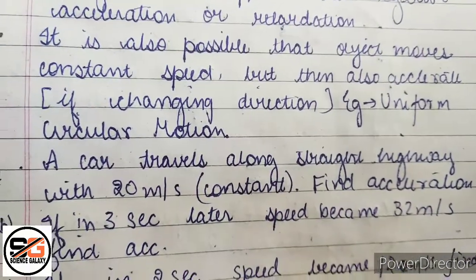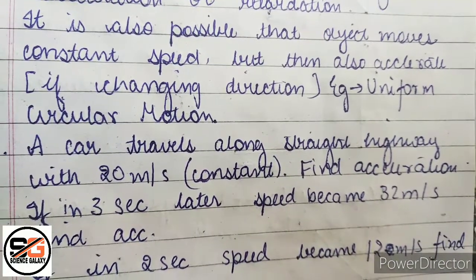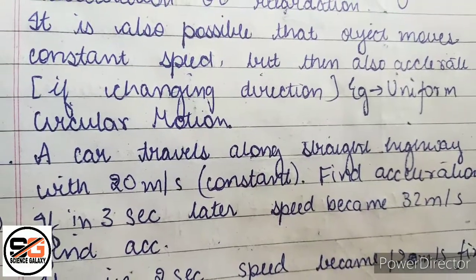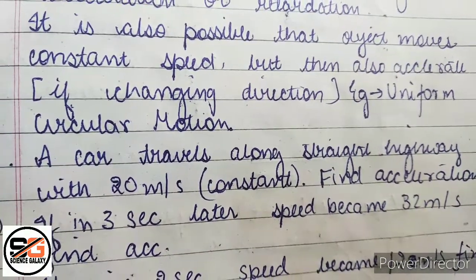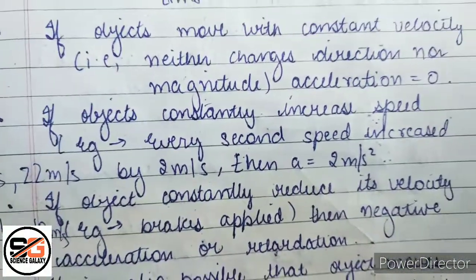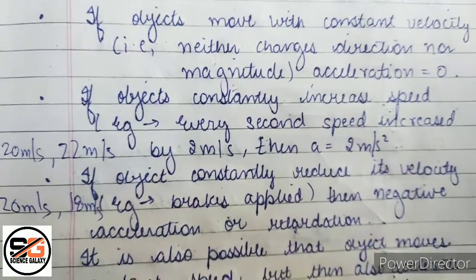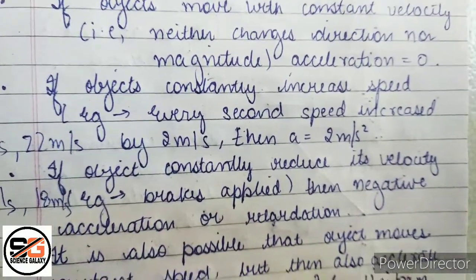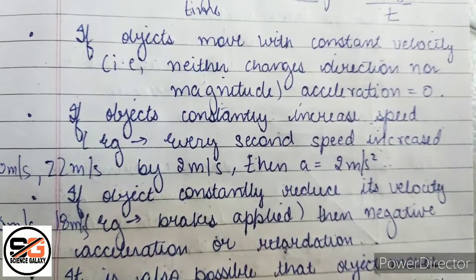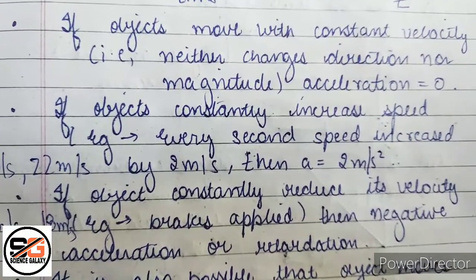It is also possible that an object moves with constant speed, but then also it is accelerating. We said that if an object moves with constant velocity, for example 5 meters per second, then the acceleration was 0. But this is incomplete.